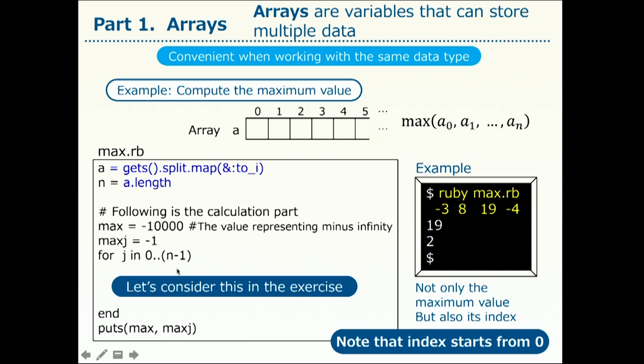Let's use max and max_j, as you see here, as variables for memorizing the current maximum value and the location of this maximum value. Hopefully, we can use them smartly, and during the for loop repetitions, the values of these variables are revised appropriately. Then we can ultimately output the answer, max and max_j, which should be the correct answer. Okay. We will consider this actual program in the exercise.